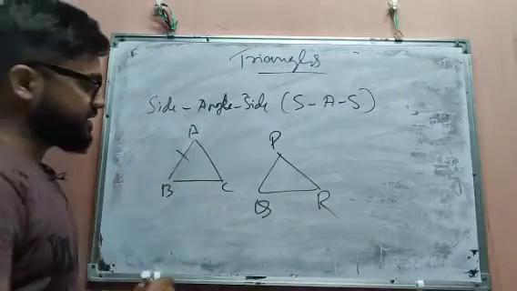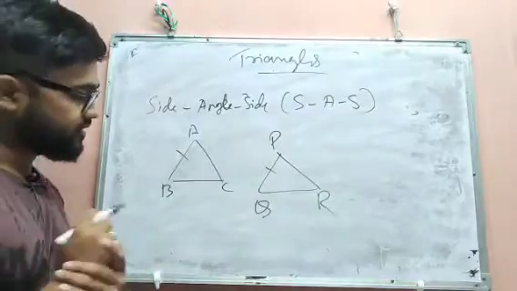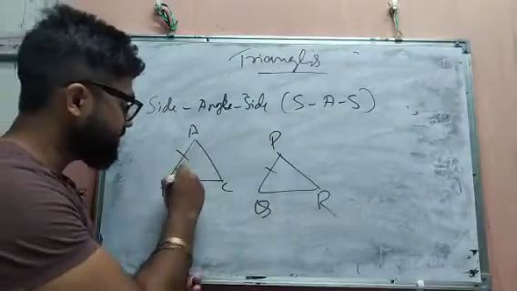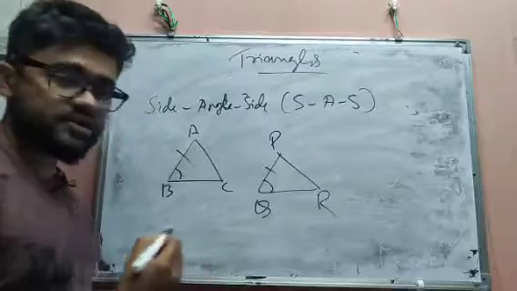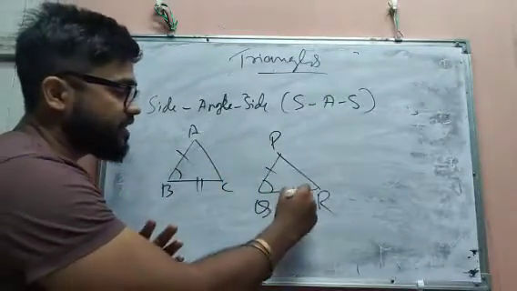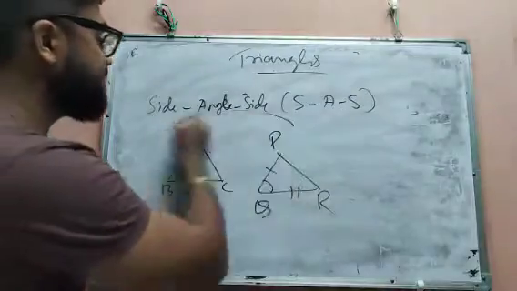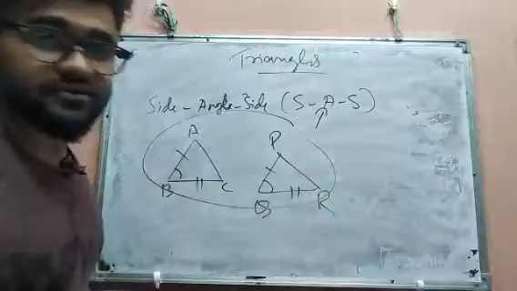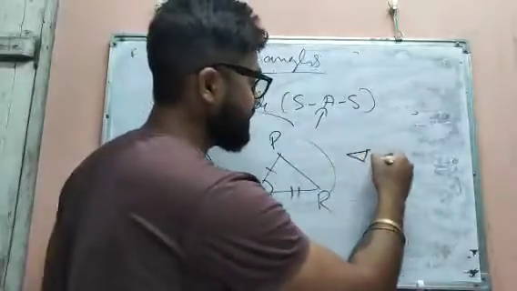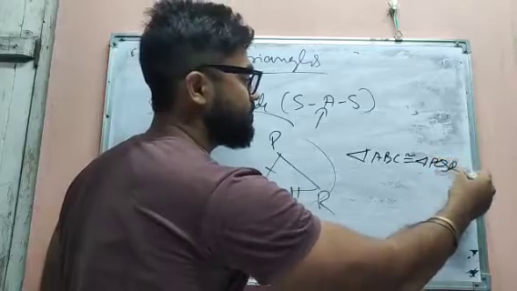If this side AB and the corresponding side PQ are equal, and angle B and the corresponding angle Q are equal, and BC and QR, these two corresponding sides, are equal, then they satisfy the side angle side rule, and therefore triangle ABC will be considered congruent to triangle PQR.